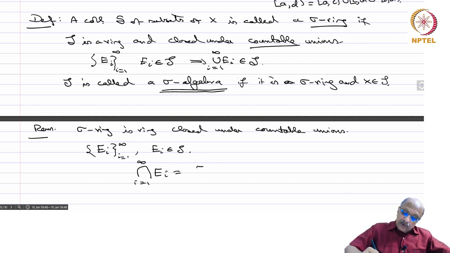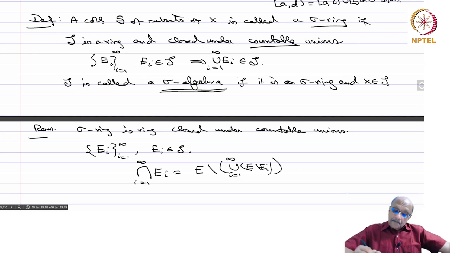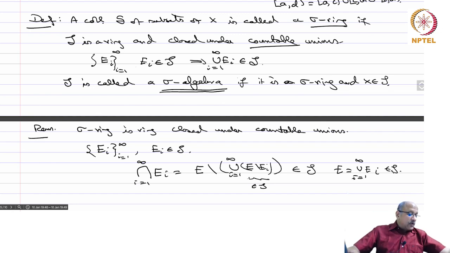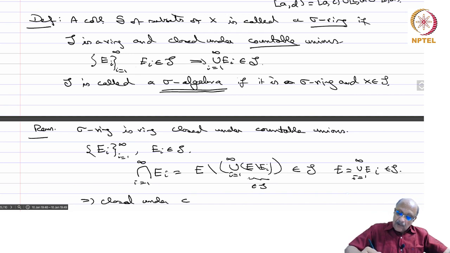That is equal to E minus the union over i equal to 1 to infinity of E minus E_i. And each of these belongs to S, difference belongs to S, so this belongs to S, where E is nothing but the union of E_i, which belongs to S. Okay, so this implies it is closed under countable intersections as well.